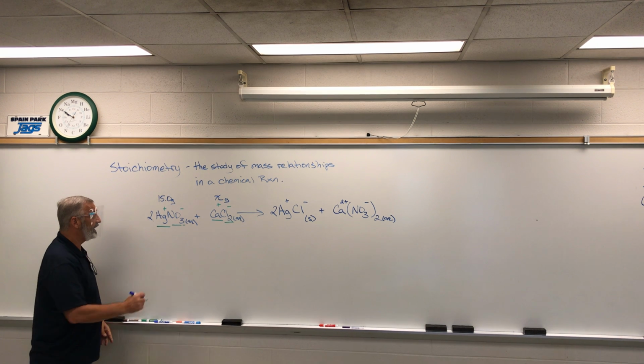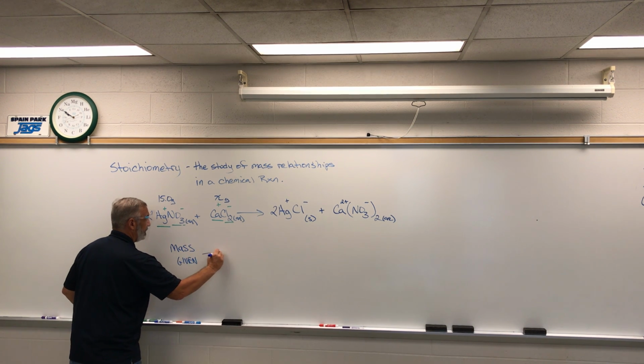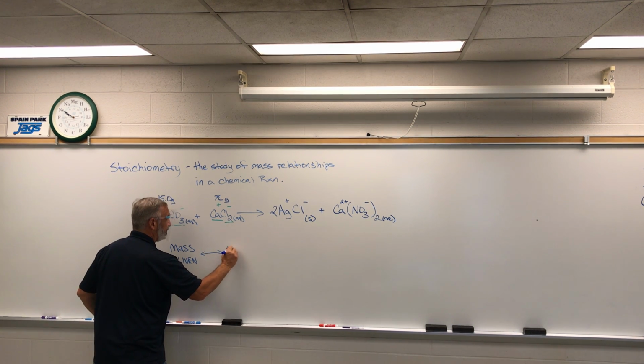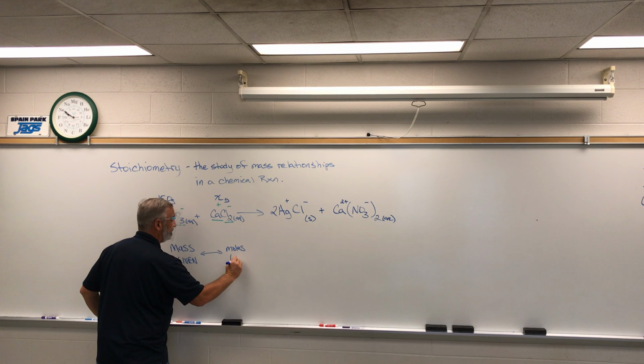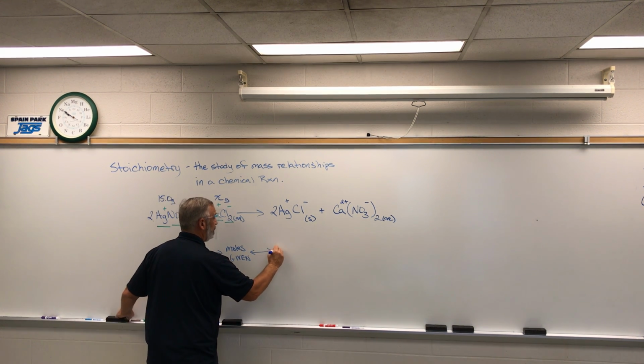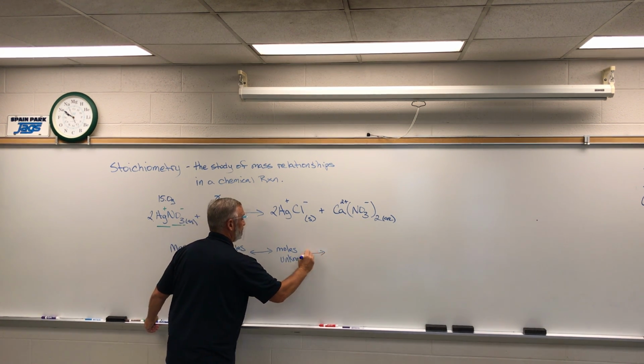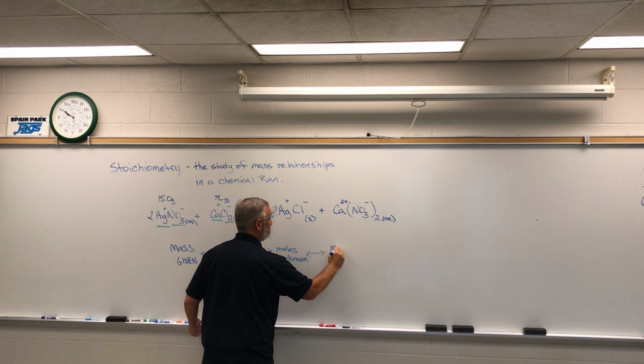So stoichiometry is always going to go mass of the given to moles of the given to moles of the unknown. That's what you're looking for. To the mass of the unknown.